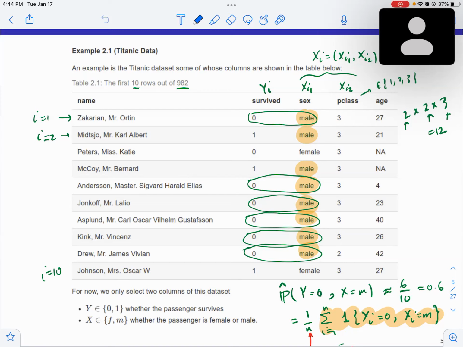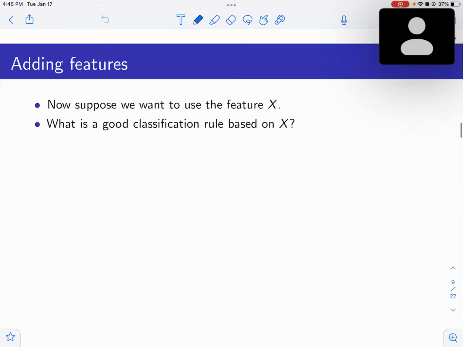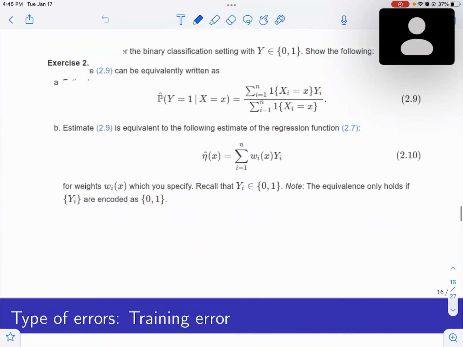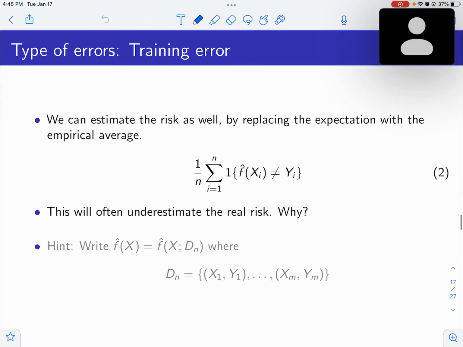This would be, if I'm not wrong, you can check, equivalent to the plug-in estimator I mentioned, because the way we constructed that is based on these counts. That's the hard way of doing it; this is the easy way. Mathematically, I go over each row, apply my classifier to xi and compare it to the true yi.